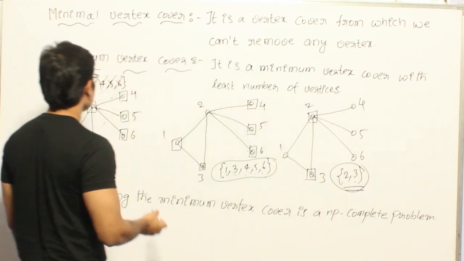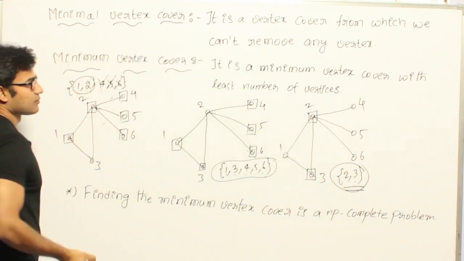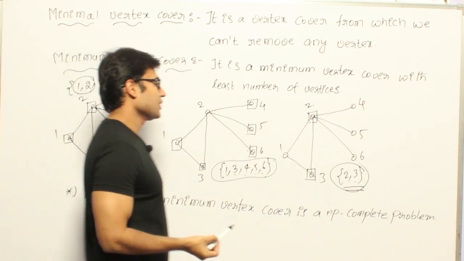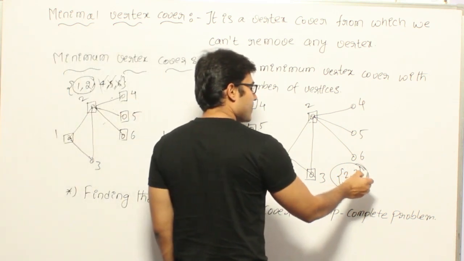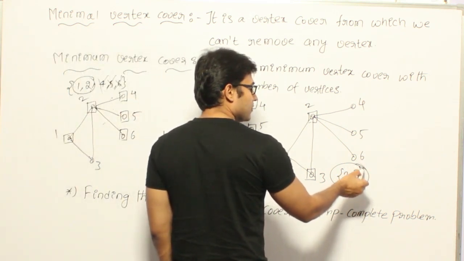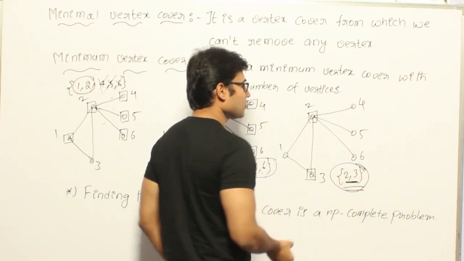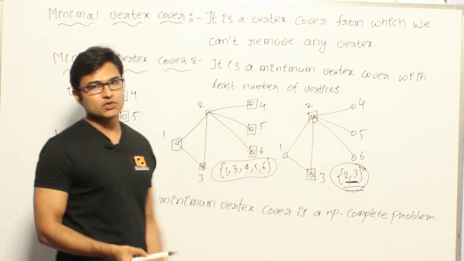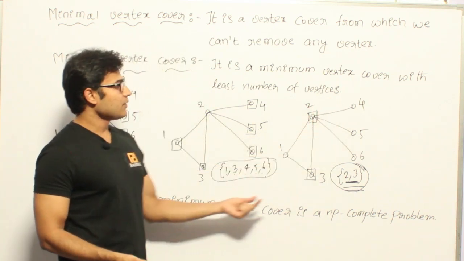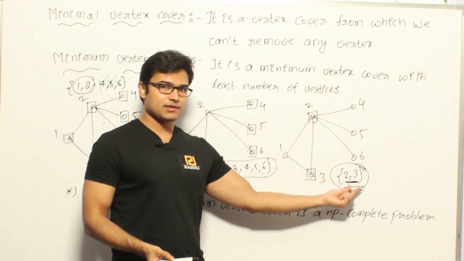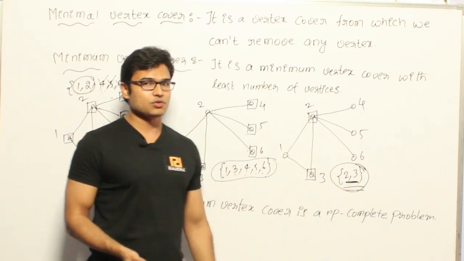Either this one or this one. So what can we say? We can say that the minimum number of vertices required in order to cover this entire graph is 2. Therefore, this is called the minimum vertex cover and its cardinality is 2.